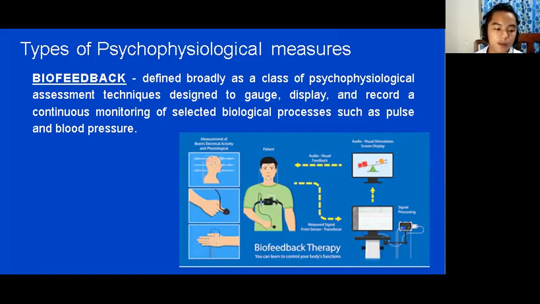Say for example, if the client starts to talk about a severely traumatic experience, and however in his biofeedback his blood pressure is low, so definitely the assessee will have the reason to question the statement of the client. So biofeedback is used to measure it.